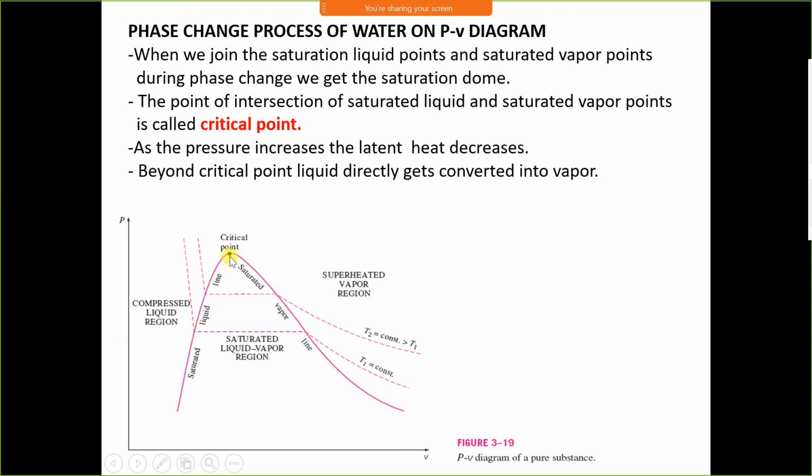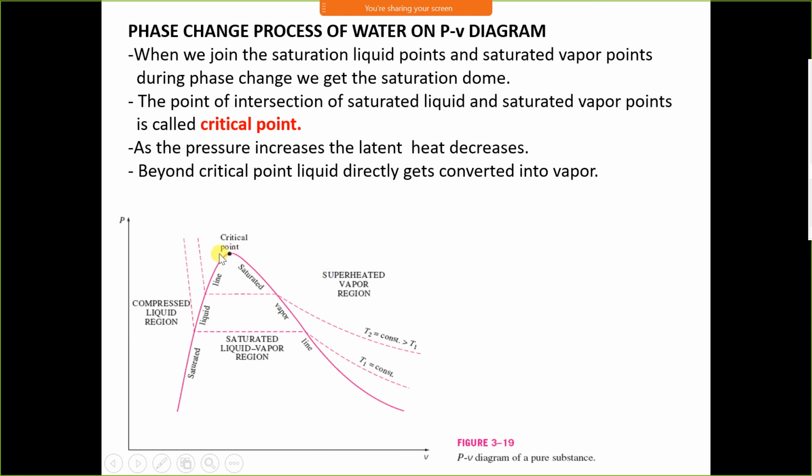Now on the left hand side of this critical point, or we can say on the left hand side of the saturation liquid line, this is a compressed liquid or subcooled liquid. On the right hand side of the saturation vapor line, this is a superheated vapor.